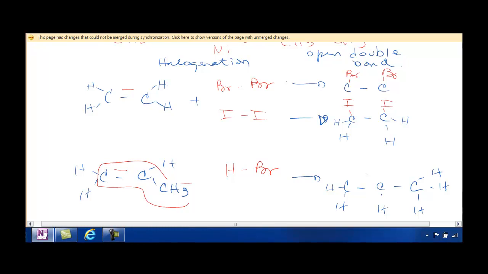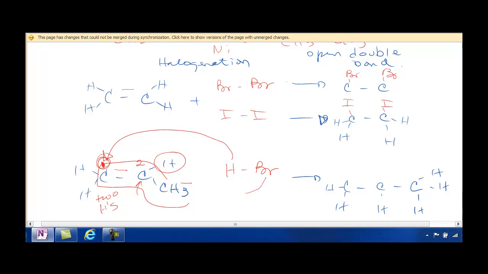The carbon in the double bond that has the most hydrogens is carbon 1. Do you see that? This guy has 2 hydrogens, 2 hydrogens. This guy has 1 hydrogen. Hydrogens are very friendly. So the carbon with the most hydrogens gets the hydrogen.